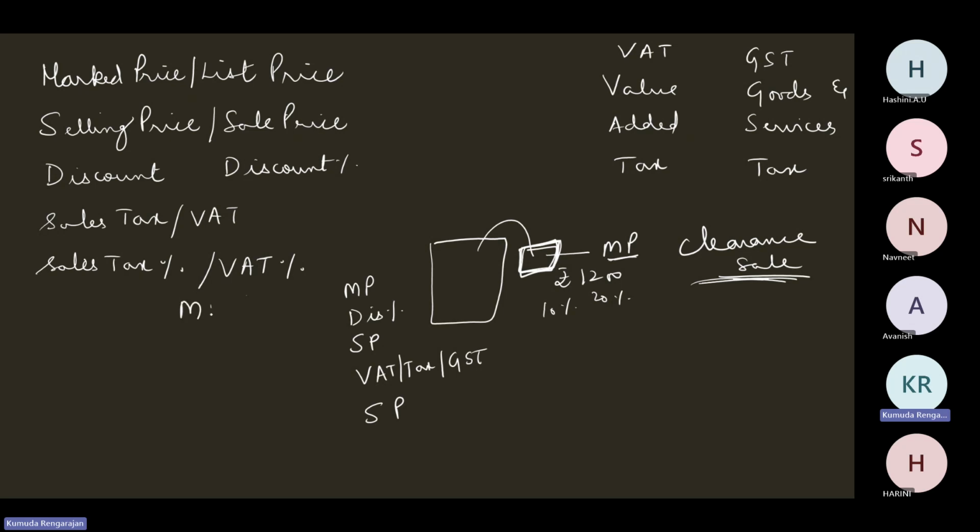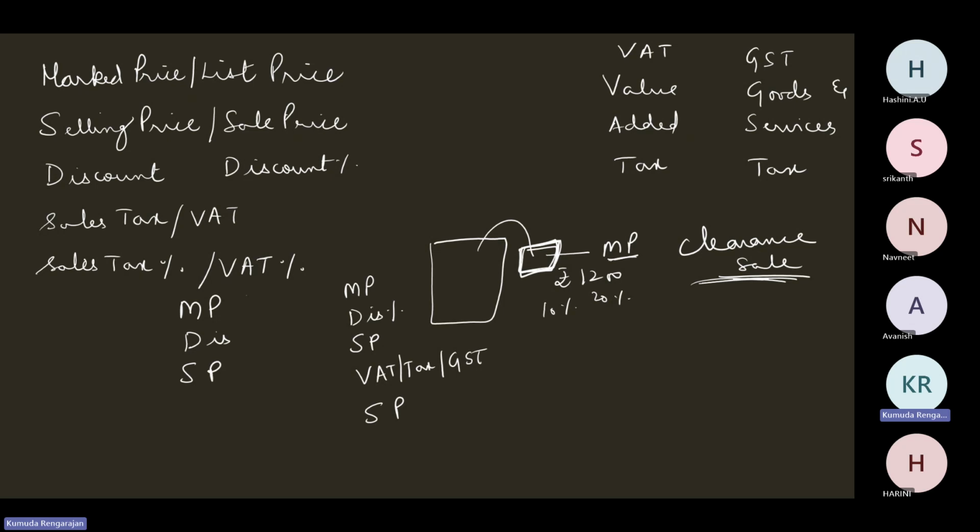This is the order. So, marked price: discount is always applied on the mark price. So when you get a discount, the price of the shirt reduces. The value will come down. Discount percentage is applied on the mark price, so you get a lesser value.